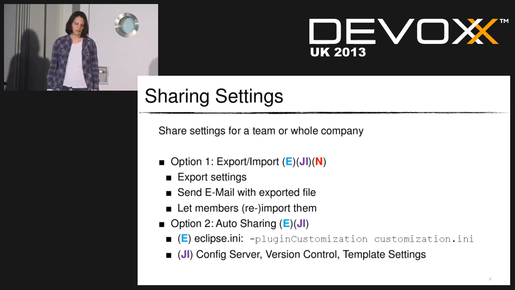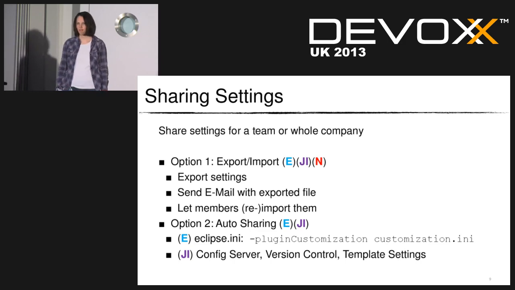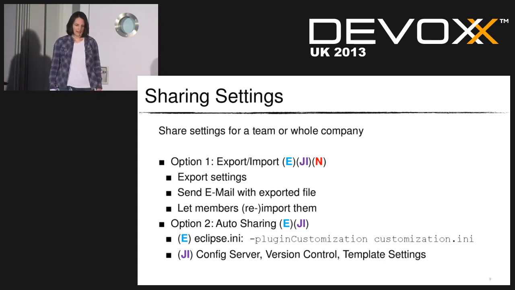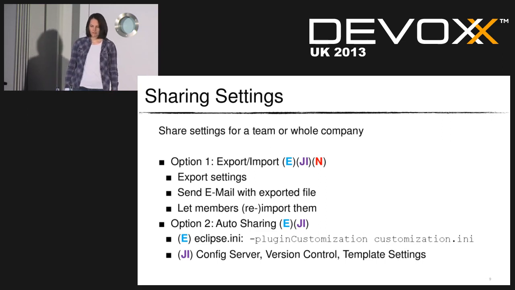So what you can do is export the settings, send them by email or something to your co-workers, and they can import them. The bad thing is if you change some settings and everybody should apply them, they have to re-import them. The other thing you could do is auto-share the settings without sending emails. They will just pick up the new settings.